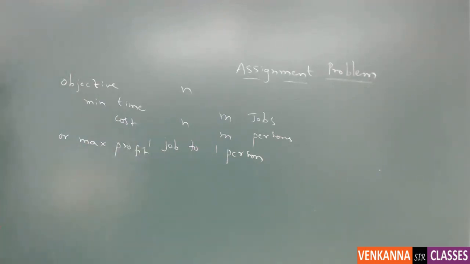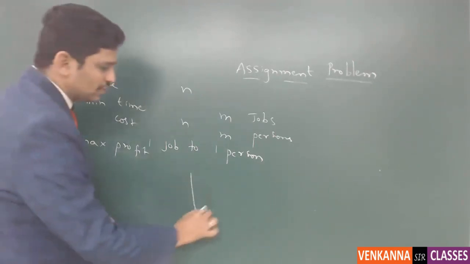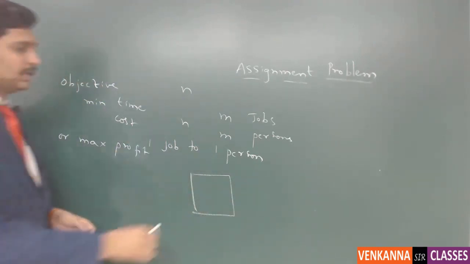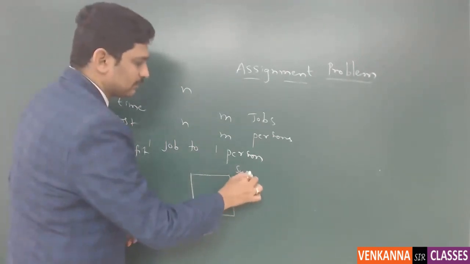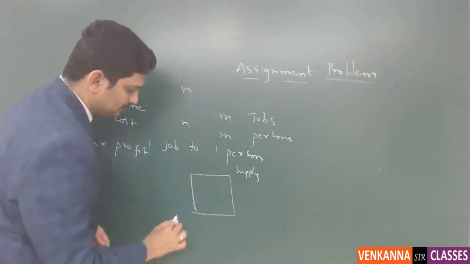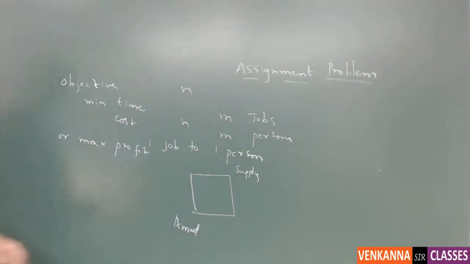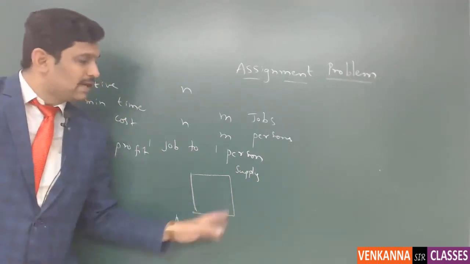So we can say that the assignment problem is a special type of transportation problem. In the transportation problem, you have a cost matrix, with supply and demand. Usually supply and demand are different.